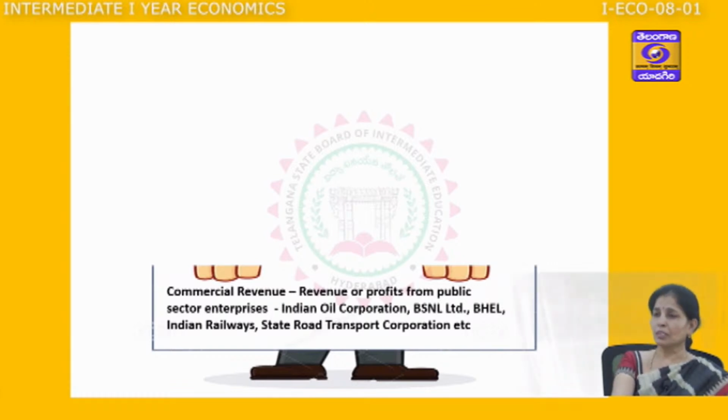Some of the public sector enterprises are Indian Oil Corporation, IOC, Bharat Sanchar Nigam Limited, BSNL, Bharat Heavy Electricals Limited, BHEL, Indian Railways, State Road Transport Corporations. All these are commercial revenue. I have named just a few of them. So the revenue the government receives from these enterprises is commercial revenue.